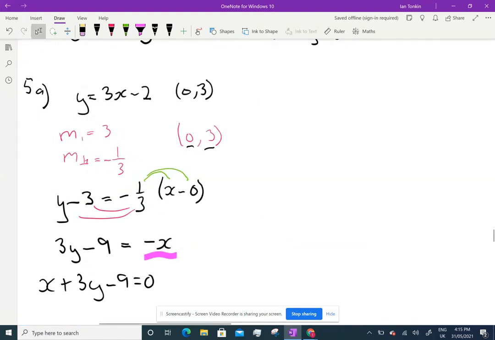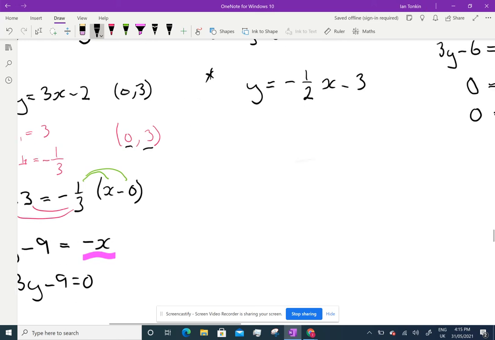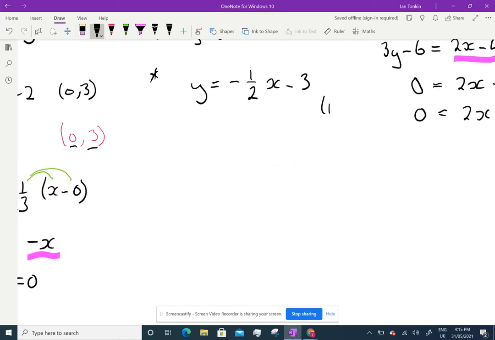So let's just take another one now. Let's take y equals, I'm going to make this up, negative a half x minus 3. And let's send it through the point 2, 1. Well, first of all, we've got a point.